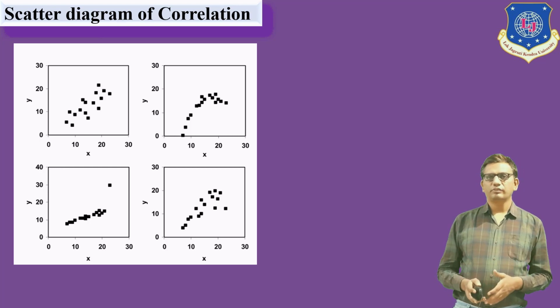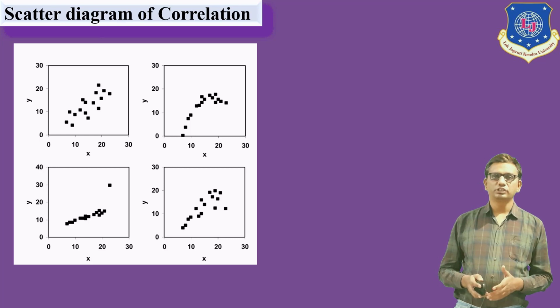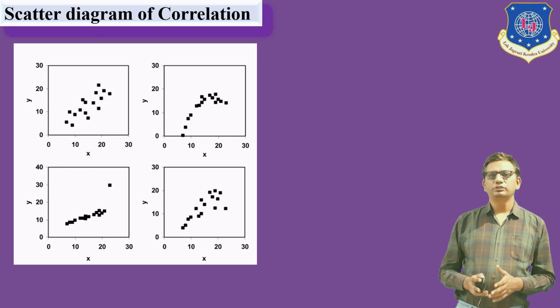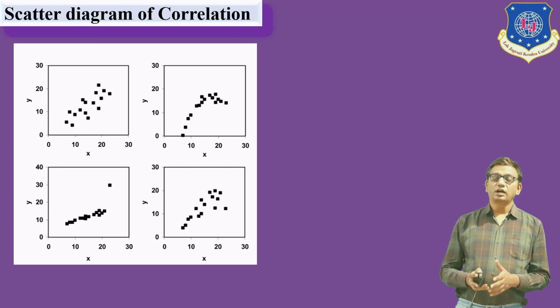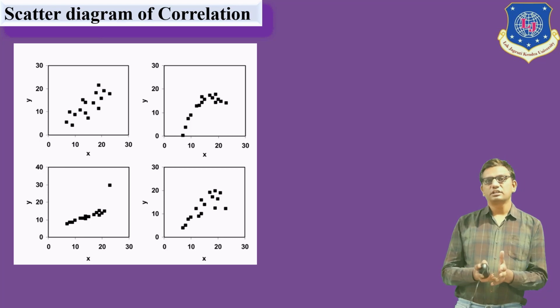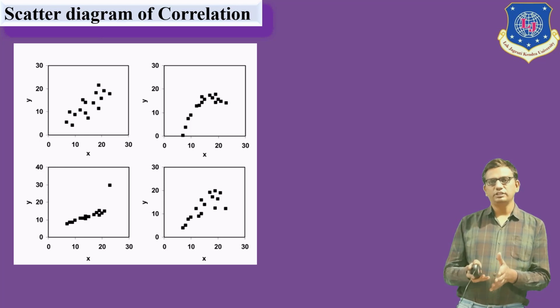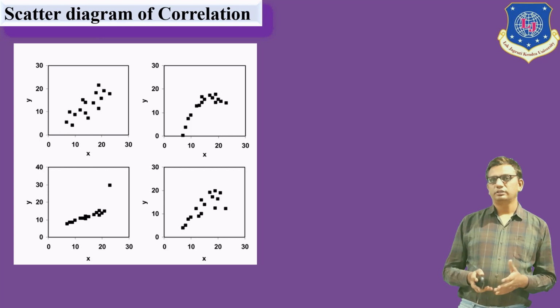But it is not a very accurate method to find the correlation, because a scatter diagram just gives an idea about the relation between them, but it does not tell how strongly the data is correlated positively or negatively.